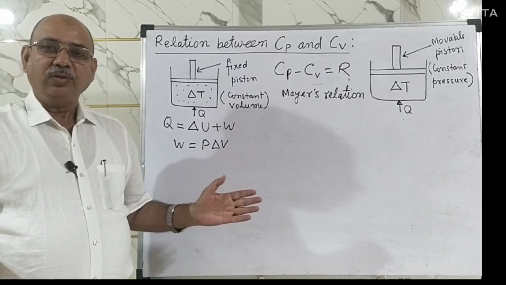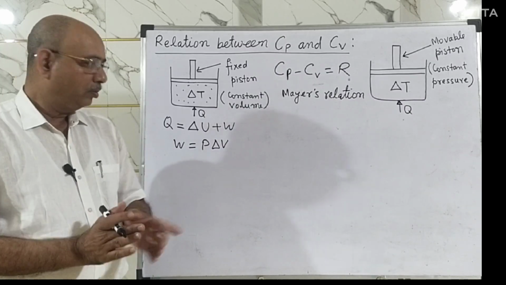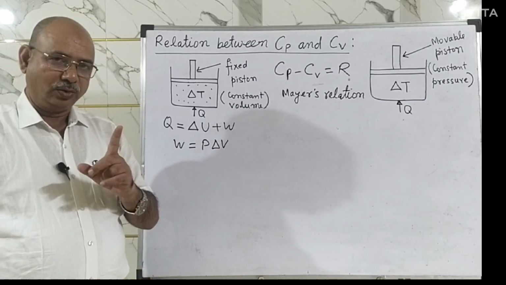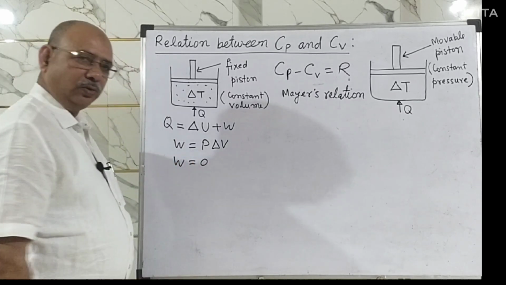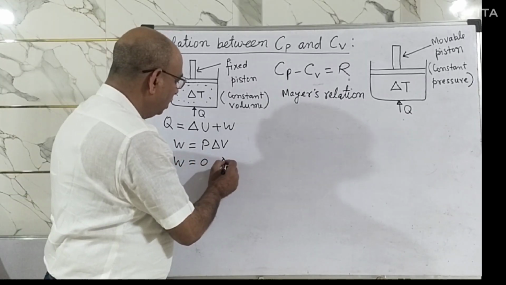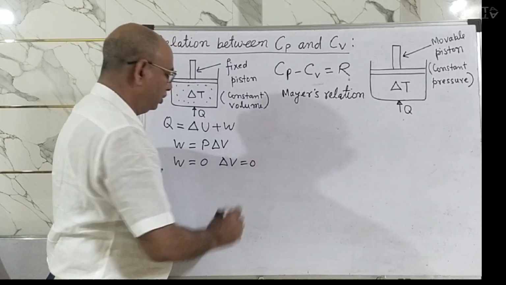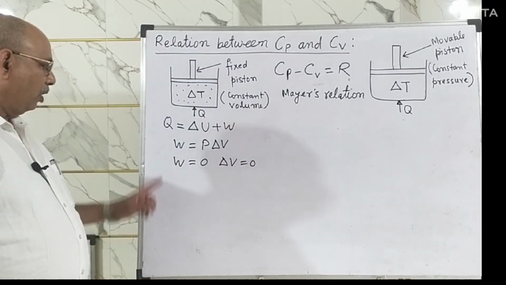Piston is fixed. That means there is no change in volume. The delta V is equal to 0. Therefore, work done W is equal to 0 because delta V is equal to 0.